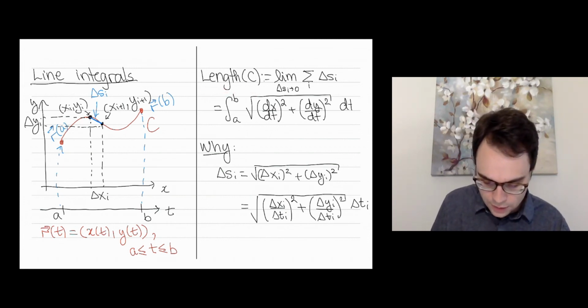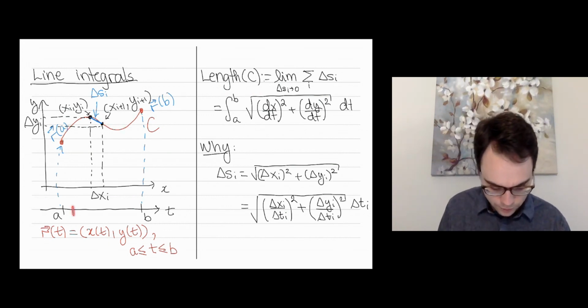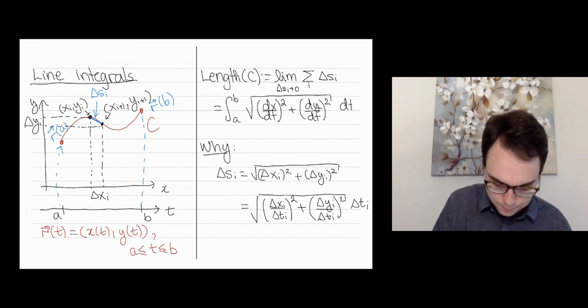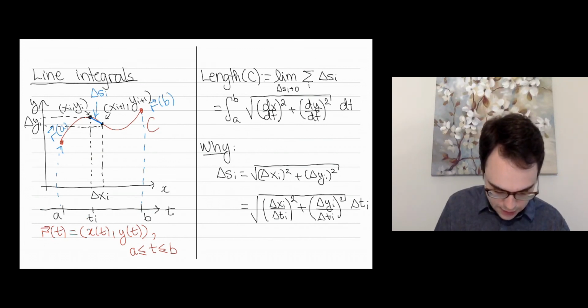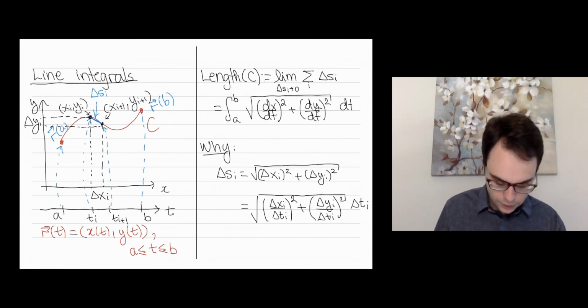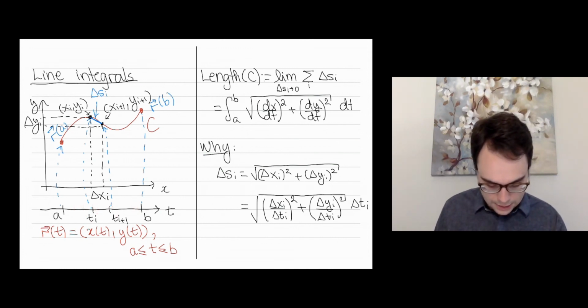Instead of trying to produce a partition of the curve directly, I'm going to partition the interval AB, and then I'm going to use my parameterization. There's going to be ti plus 1, and each of these is going to give me a point on the curve.